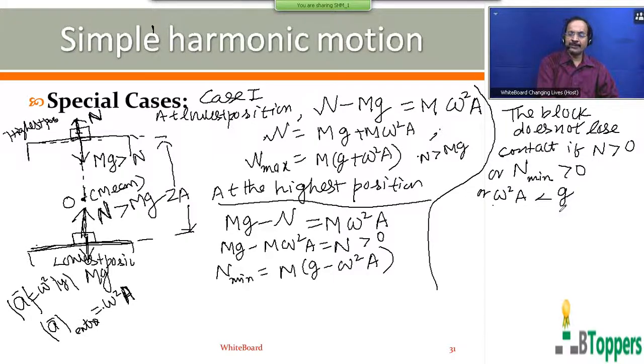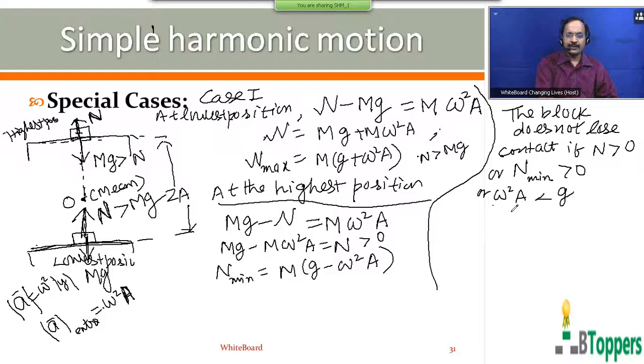In some numerical problems you may be given the frequency of oscillation, and you may be asked for what amplitude of oscillations, if amplitude is varied keeping frequency constant. Then the question may be given this way: for what amplitude of oscillation does the block just lose contact with the platform?